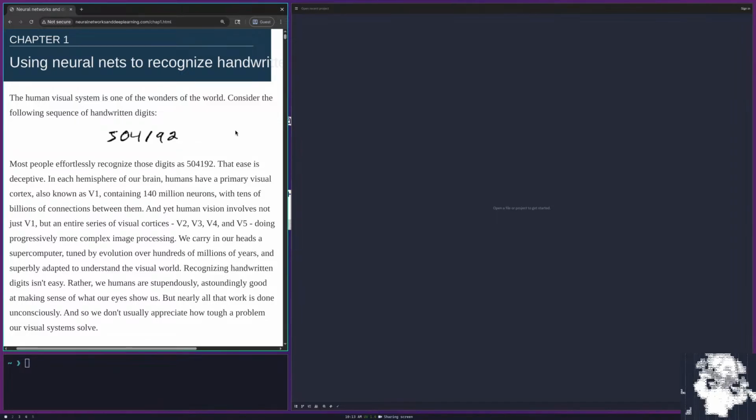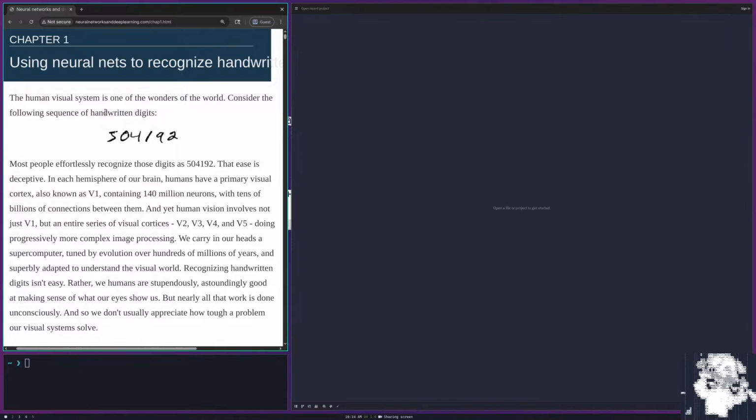And that's how I'm going to try to understand how neural nets work, and then we're going to build from there. So that is the plan. Okay, so let's get going.